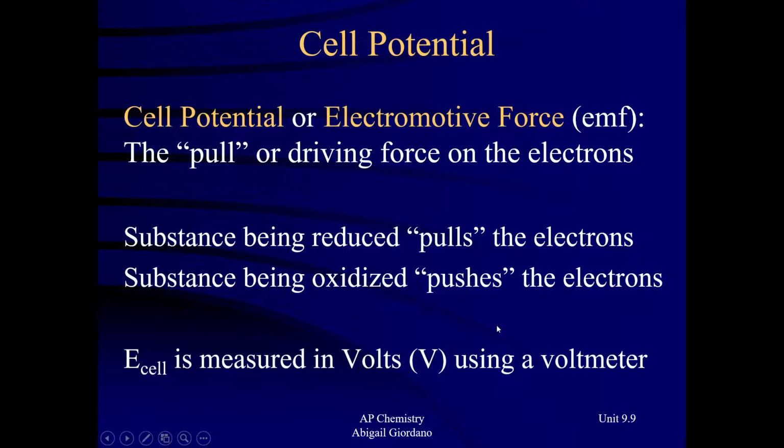But ultimately, guys, a cell potential is the amount of voltage coming out of this electrochemical cell. It is measured with a voltmeter. We saw that in our diagrams for galvanic cells in the last subunit. It's measured in volts. And you will see this symbol, this variable, capital E with a subscript cell.